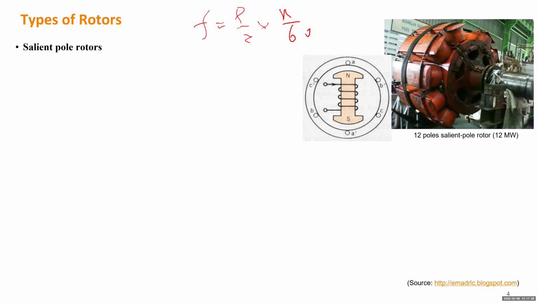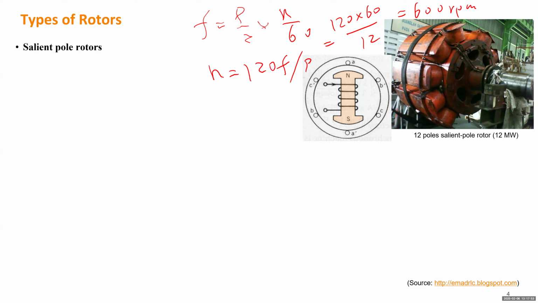So N will be equal to 120 F divided by P. So it's 120 times 60 divided by 12, which is 600 revolutions per minute. You have to revolve at this speed in order to generate 60 hertz electricity.